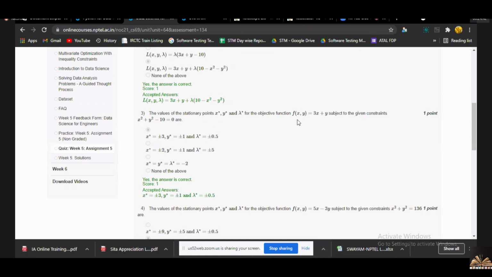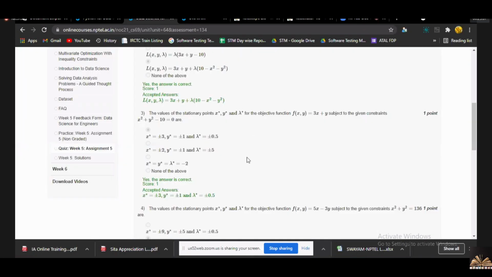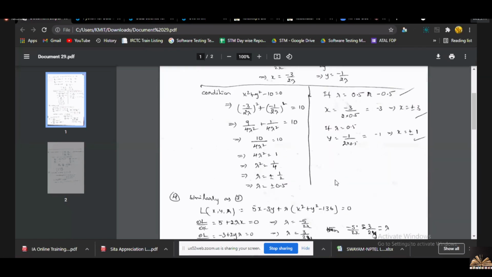So the objective function is given and the constraint is also given. That constraint is nothing but g of x comma y. They asked to find the stationary points x star, y star, and lambda star. Now how will we do that? Let's see the answer.